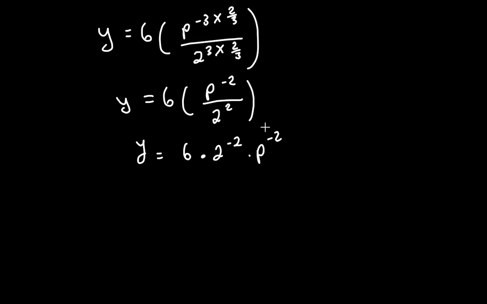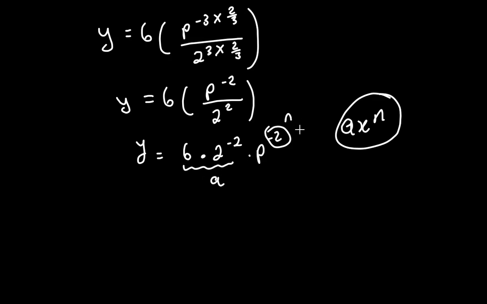So now that we have something like this, most definitely we can now say, well, remember the goal is to get it into this form, right? So this can be our a, then this one here would be our n. Okay, so now that we have something like this, remember when I applied the rules, I was just simplifying.